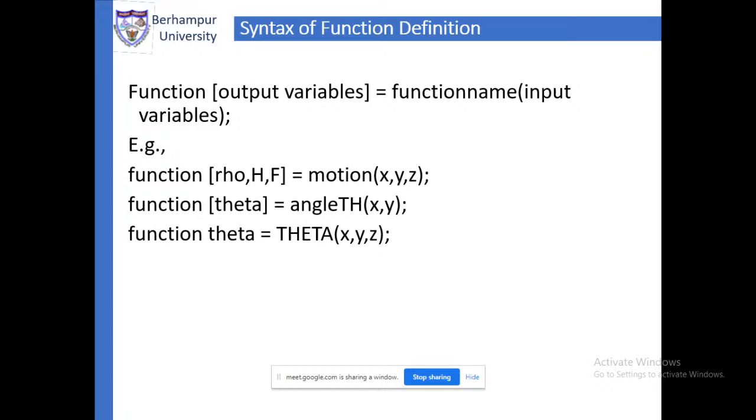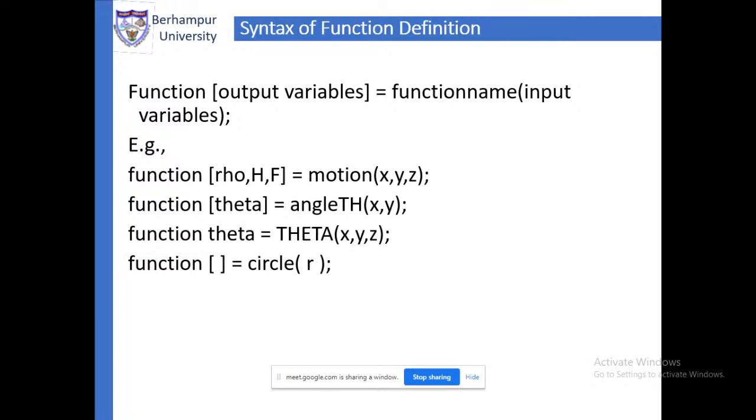Because there is no square bracket, it means that there is only one output from this function, and the function we are defining here is theta. You can also write it as angle_th, not a problem. Now why are we writing theta here? In the second line it was x, y, here it is defining x, y, z. So three angles are there, three variables are there, nothing beyond that.